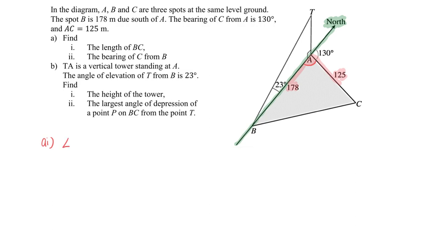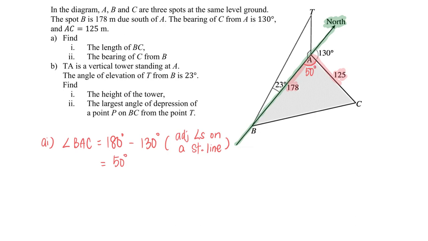So first, you do need to let people know that angle BAC is equal to 180 degrees minus away my 130 degrees. Okay, these are adjacent angles on a straight line. So I will have 50 degrees here.